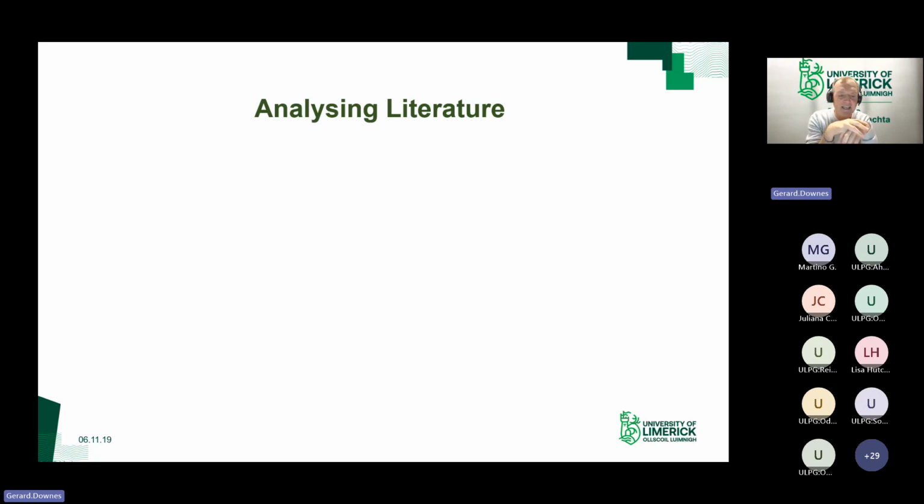But I would say there's three C's, if you like, involved in this. First of all, there's critical analysis, where you're looking at the strengths, maybe the weaknesses of a particular study. So you're really evaluating the literature on its merits.